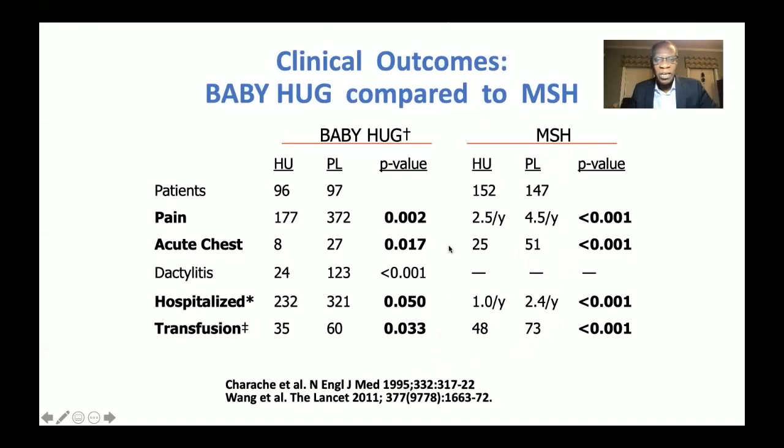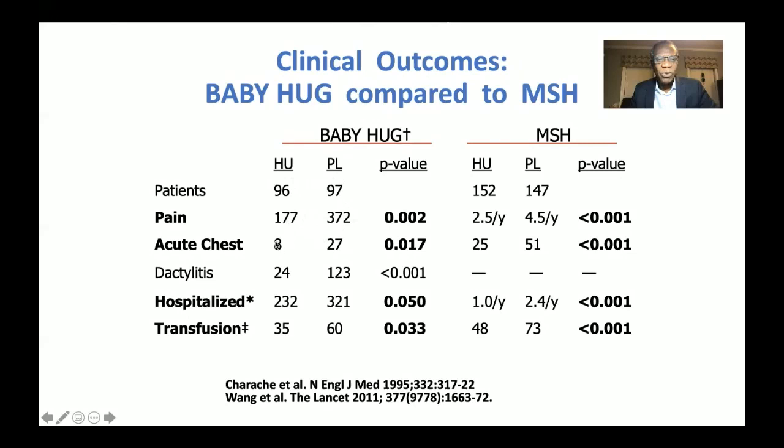The BABY HUG study was a replication of that study in children 9 months to 3 years of age. And you can see that the same results as were produced in the adult study were produced in the children as well, comparing hydroxyurea syrup and placebo syrup. The pain was reduced significantly.